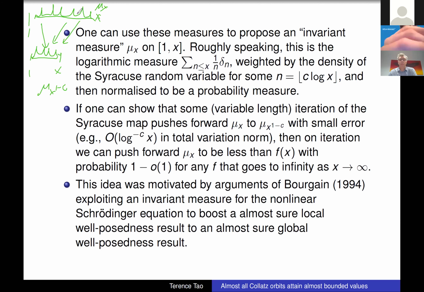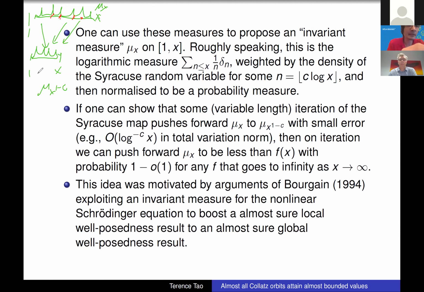So there will still be a small number of exceptions where you don't end up with this distribution, you end up somewhere else. But hopefully you can make the measure of these exceptions small relative to this measure, not the uniform measure. The point is that you want the same distribution, or a similar distribution, to come out on the output as you have for the input. So you want the measure to sort of be invariant.